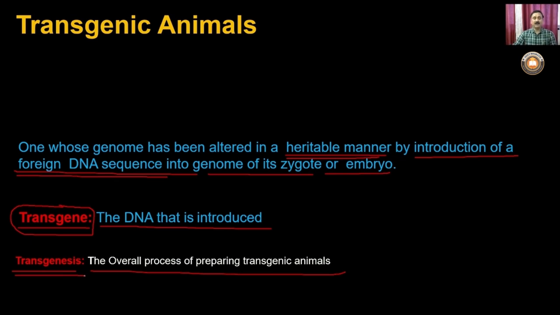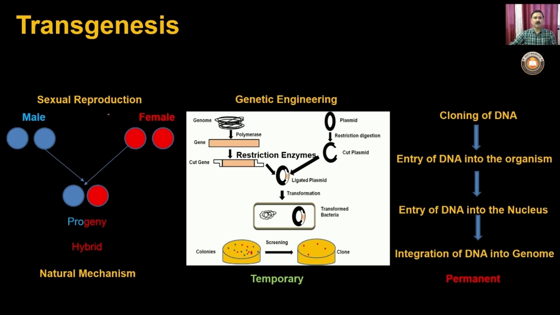There are three ways in which you can alter the genome of an organism. Let's discuss that. You have sexual reproduction, which is a natural mechanism through which you can alter the genome of a particular organism.